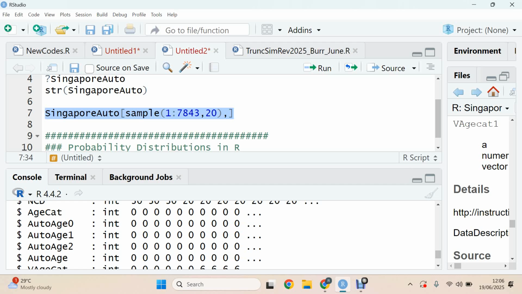Yes. Hurry up. What element? 20 elements. Describe it properly.